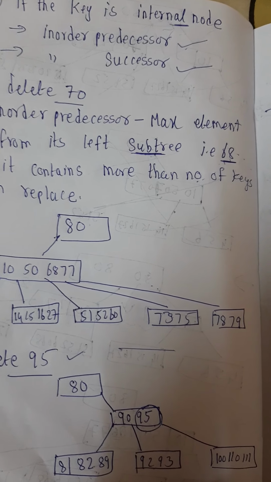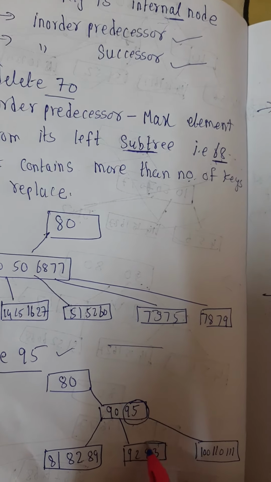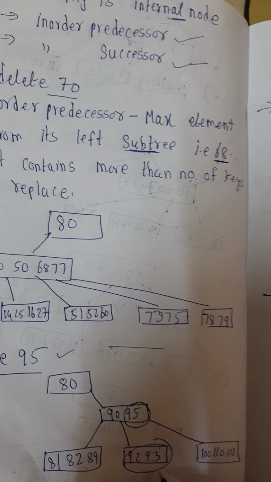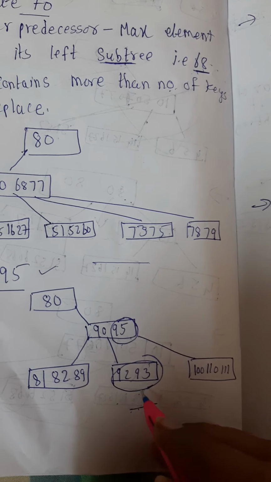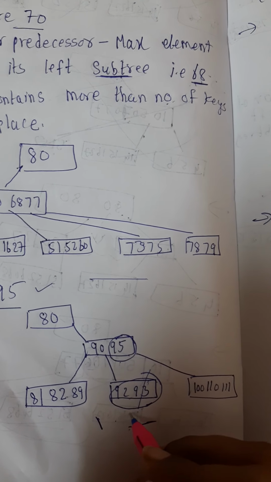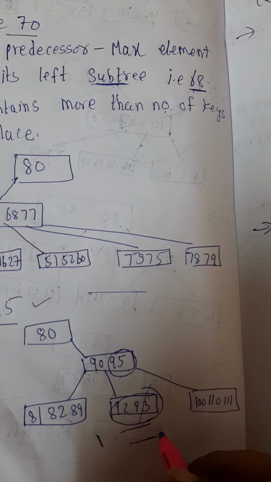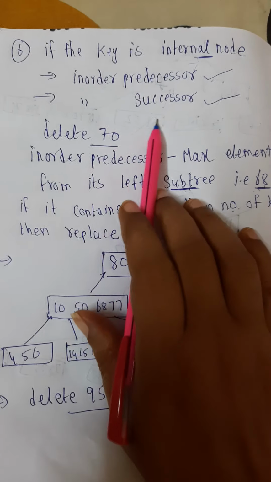The in-order predecessor is the maximum element in the left subtree. So what is the maximum element in the left subtree? It is 93. But if you delete 93, what will happen? If you delete 93, the number of keys will be 1. So we cannot go with the in-order predecessor. In that case, we have to go with the in-order successor.